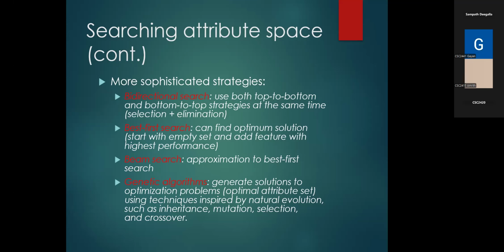Simply, we are using some heuristics. You can expand the most promising node in a limited set, and you can use the best one, for example. That's why it is an approximation to the best first search.